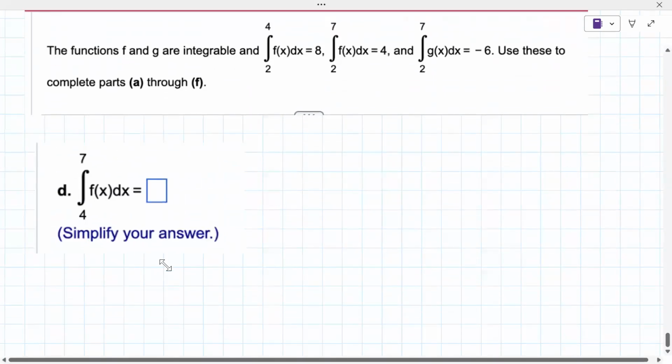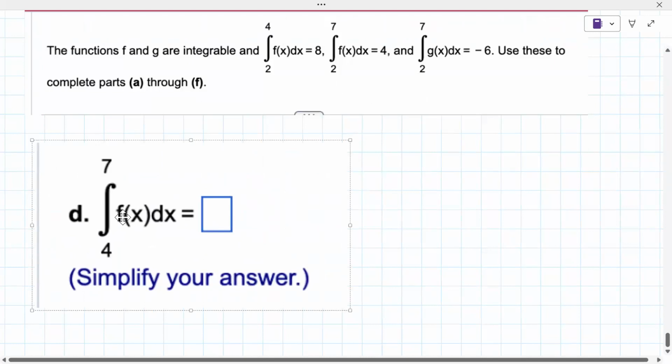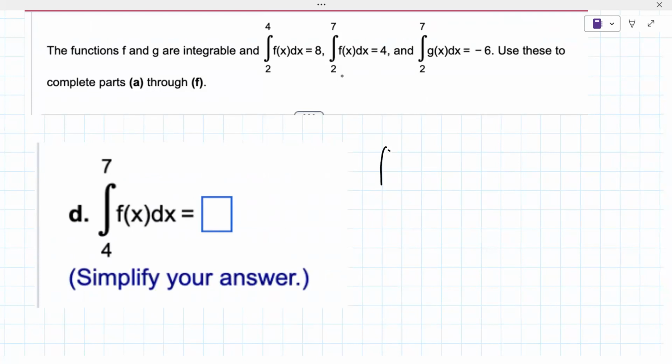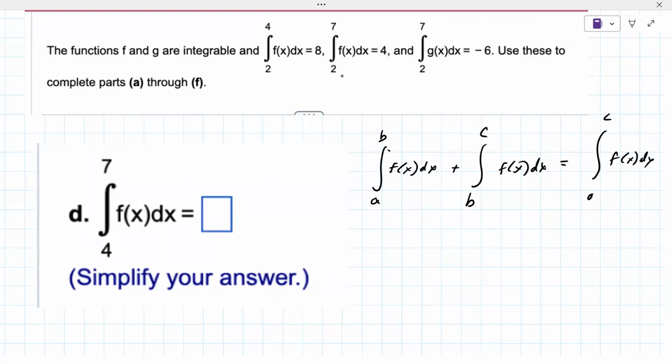Okay, so this one is the integral from 4 to 7 of f of x. So the letter does matter. You know that from 2 to 4, f of x is 8, and from 2 to 7 it is 4. The idea is that the integral from a to b of f of x dx, plus the integral from b to c of f of x dx, equals the integral from a to c of f of x dx.